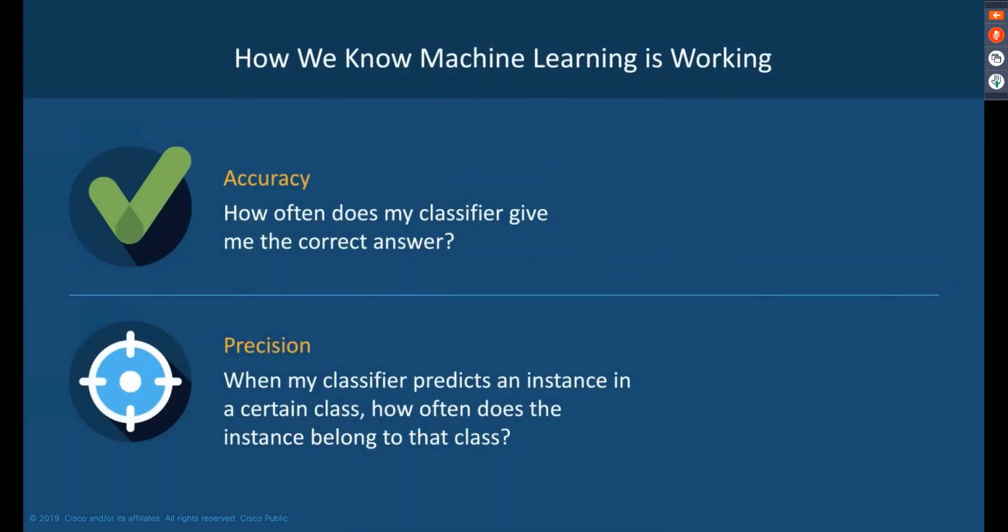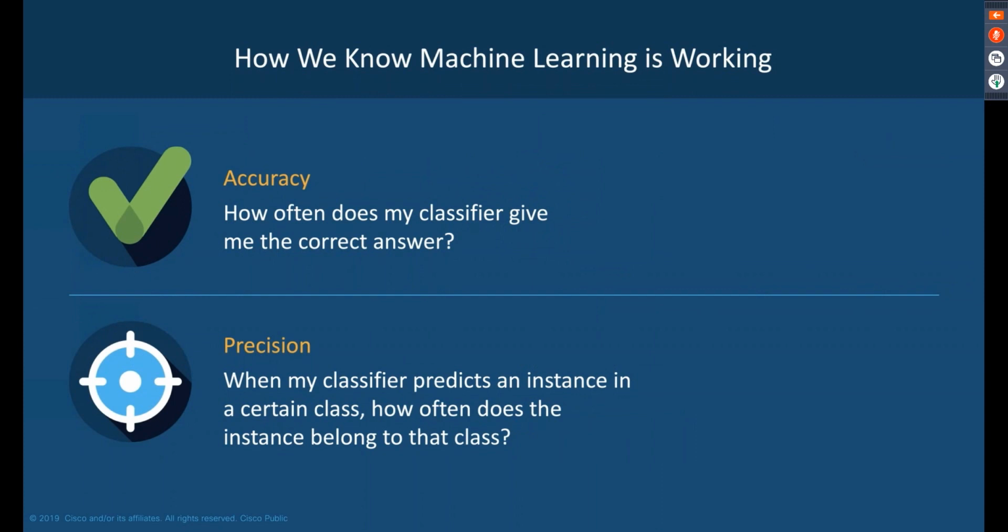when we apply machine learning, we often have to ask ourselves, how do we know that the machine learning is actually working? Now, in the mathematical realm that is machine learning, there are two very specific measures used specifically around supervised learning called accuracy and precision. Accuracy is how often my classifier gives me the correct answer.